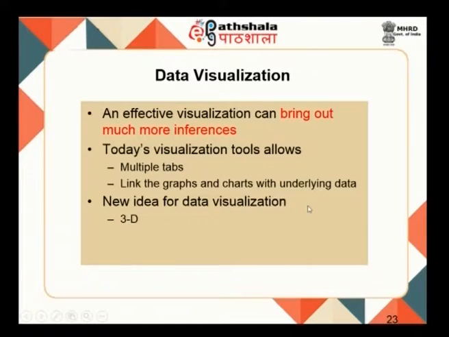And in recent days, even 3D visualization is provided for data analytics environments. So, all that we need to do here is choose a proper visualization tool for projecting the results, and thereby we can provide as much inference as possible to the users.